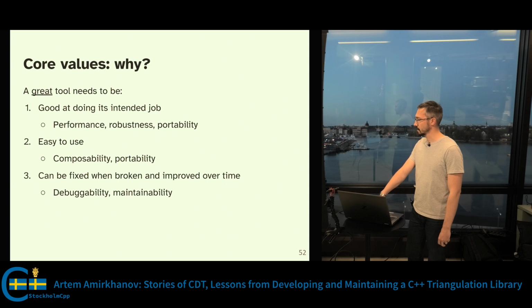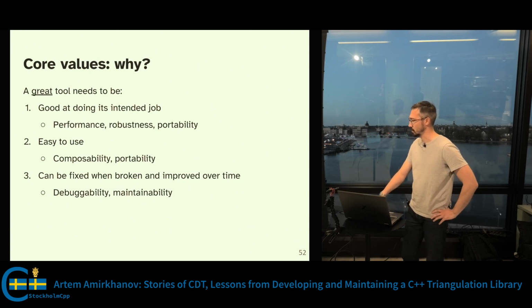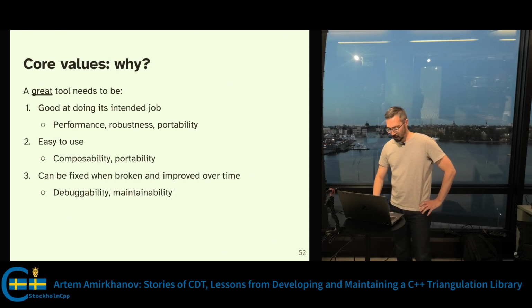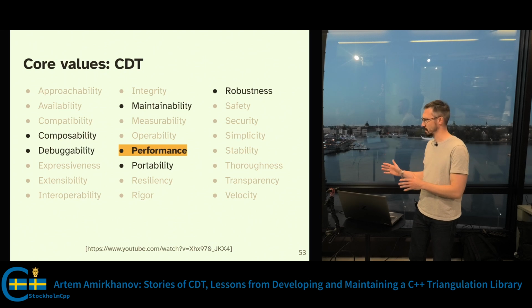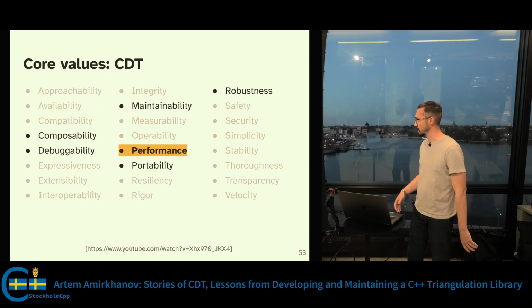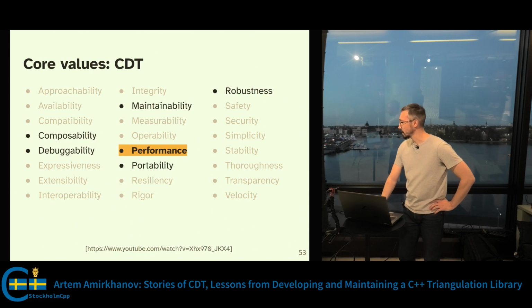And if the tool breaks, it should be fixable. And if over time you have some ideas how to improve the tool, you should be able to do that. So that's when debuggability and maintainability are important. So the following big chunk of the talk, I will use this as a kind of map for the various topics, and I will go along different core values and tell different stories about them.